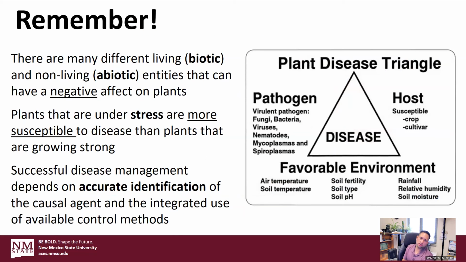All right, so we kind of blasted through all of those diseases and all the problems that could happen, but just remember there's a lot of living and non-living problems or entities that can cause a negative effect on plants. The plants that are under stress, either due to watering, physical damage, insects, anything like that, are the ones that are going to be more prone to those diseases.